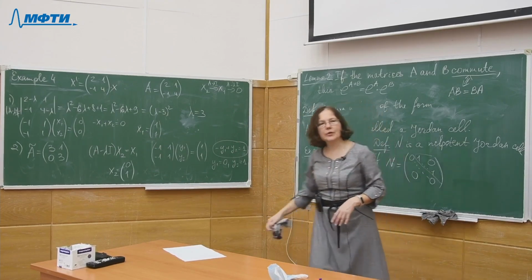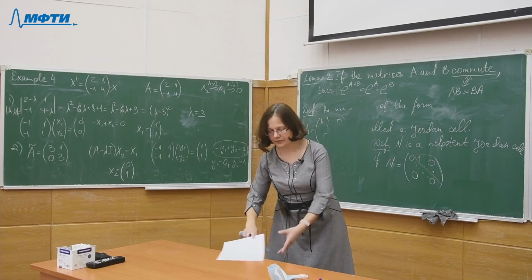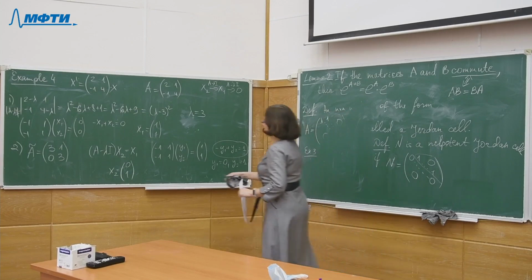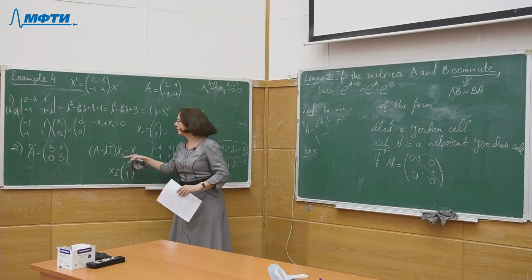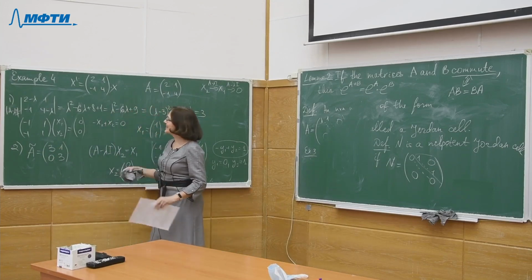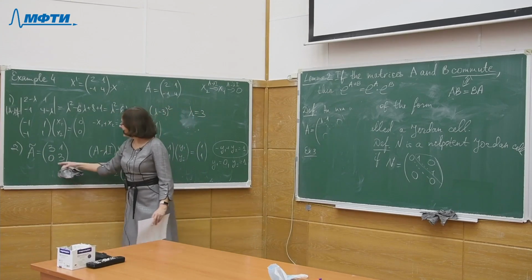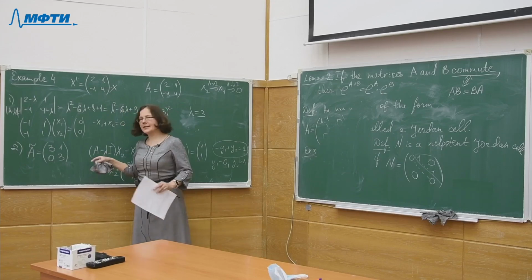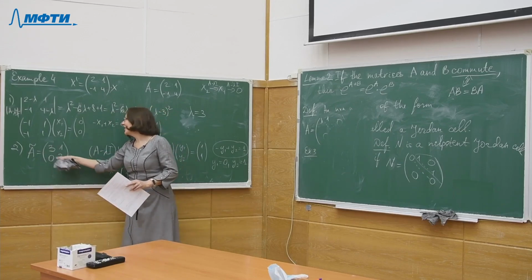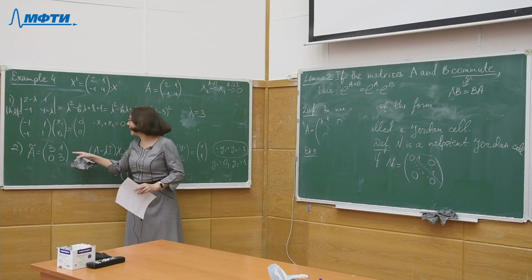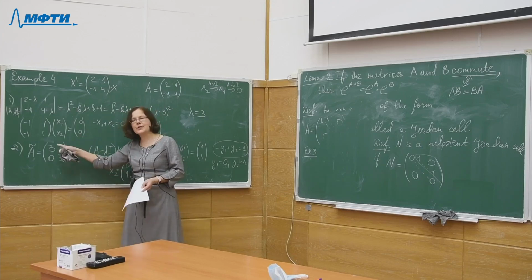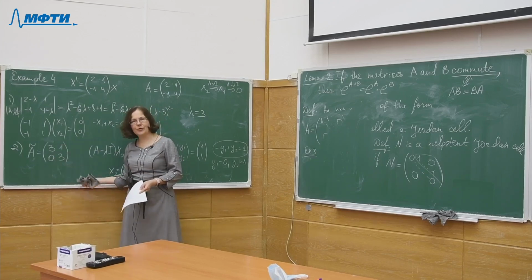On the second part, you wrote A and tilde above it. A tilde. All right. So this is the standard form of the Jordan cell, right? So linear algebra guarantees the new form. We can't reduce A to the diagonal form, but we can reduce A to the Jordan cell of this form.